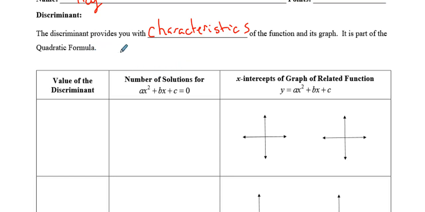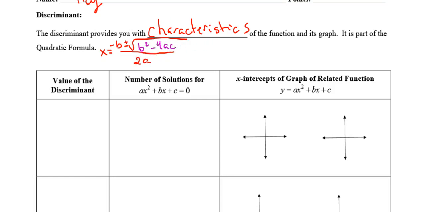It's part of the quadratic formula. So if you remember, the quadratic formula is x equals the opposite of b plus or minus, and then we have this part under the radical sign, which is b squared minus 4ac, and then all of that is over 2a, and that's the quadratic formula.